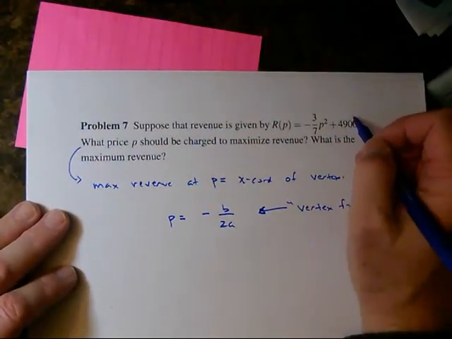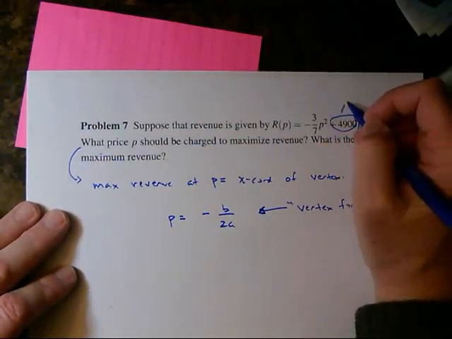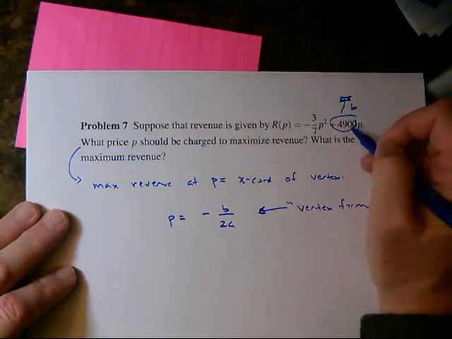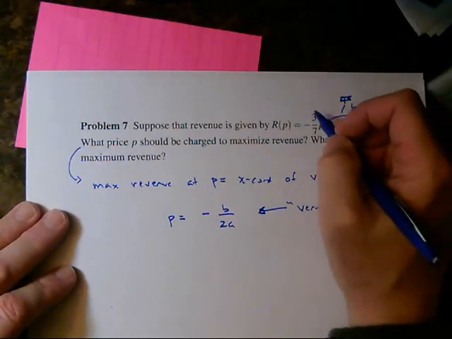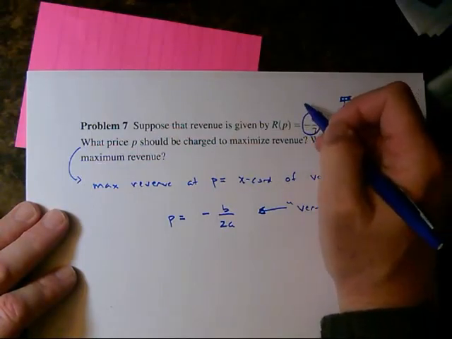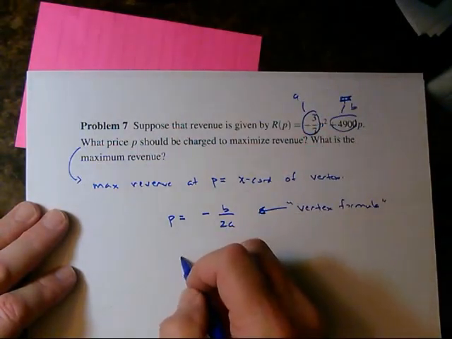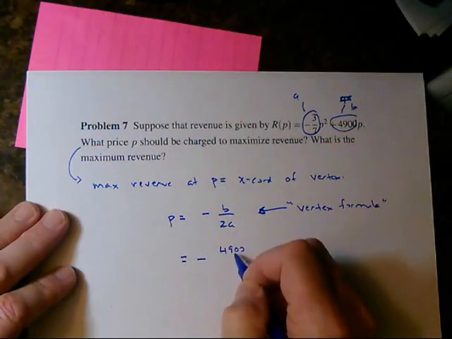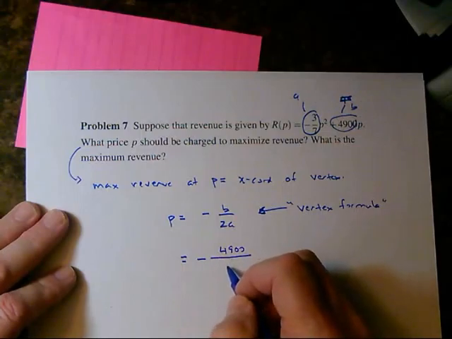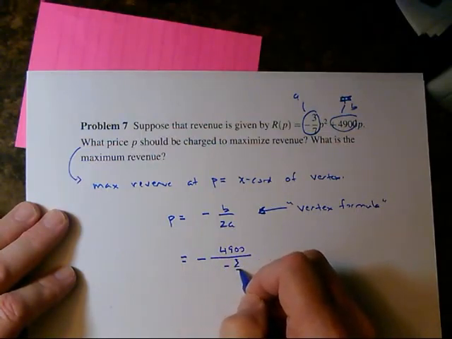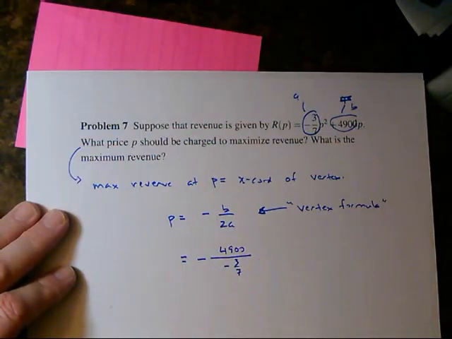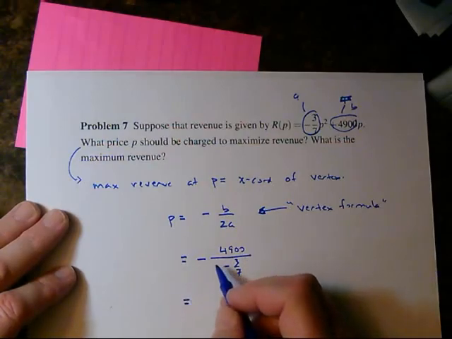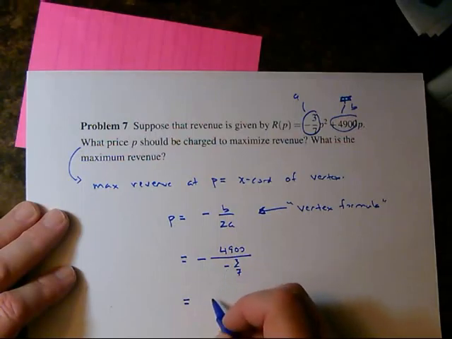Well, B is the 4900. A is the negative 3/7. So this is going to be negative 4900 divided by negative 3/7. If I rewrite that a little bit, a negative divided by a negative is a positive.